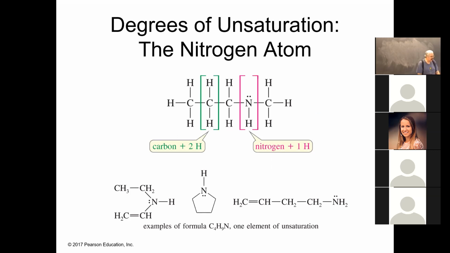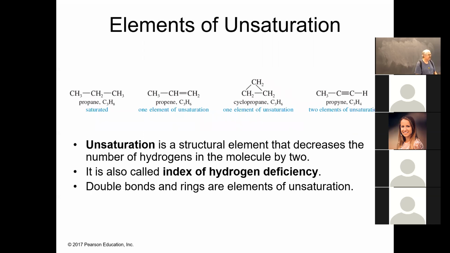You may recall last time, let's back up for a minute, if a hydrocarbon has a smaller ratio than 2n plus 2 to n, that would indicate elements of unsaturation.